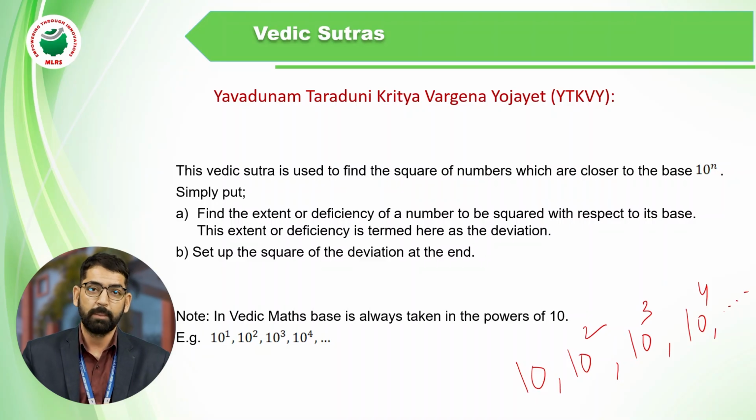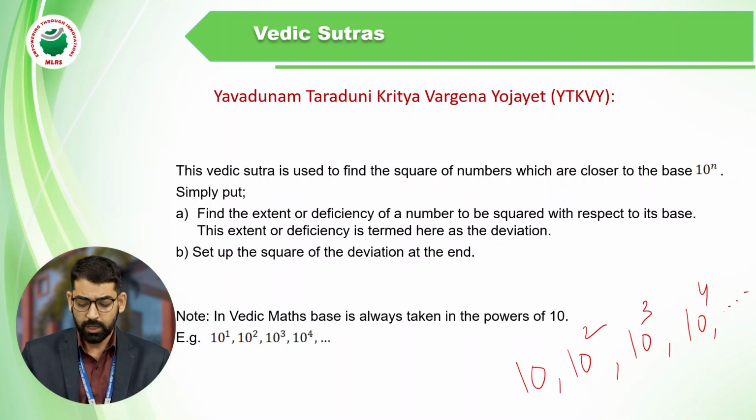And students should remember that the base is always taken to be the power of 10. So the bases are, once again I am saying, either 10 or 10 square, that is 100, 10 cube, that is 1000, and 10 to the power 4, which is 10,000, so on and so forth.